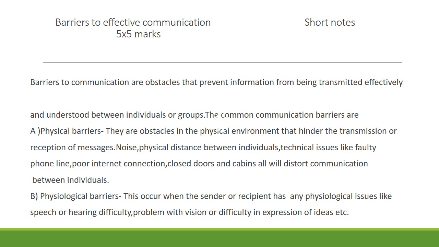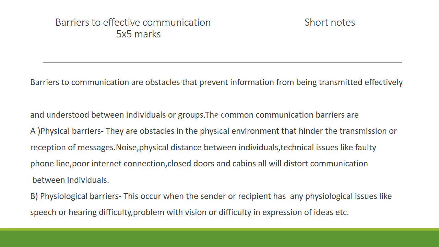Physical barrier means they are obstacles in the physical environment that hinder the transmission or reception of messages. Examples are noise, physical distance between individuals, technical issues like a faulty phone line, poor internet connection, closed doors and cabins, and all will distort communication between individuals.